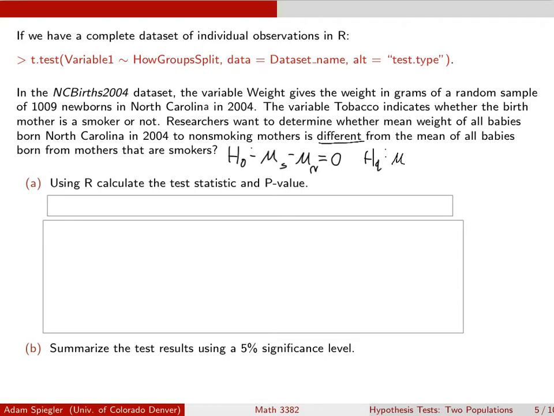So we would say that the smoking group mean weight of those babies minus the mean weight for the non-smoking group are going to be different. So that means it's not going to be 0. And keep in mind, this is now going to be a two-tailed test.